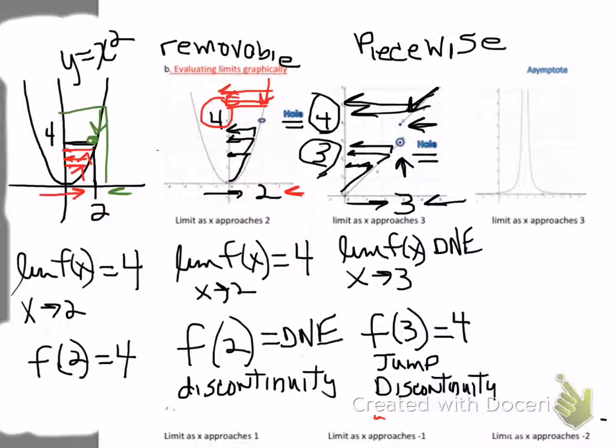That brings us to our last example on this page, and that's an asymptote. I must have had a rational function. I want to figure out the limit as x approaches 3, which is right here in the center. As I come from the left, I go up my curve and read my y value, and I'm approaching infinity.